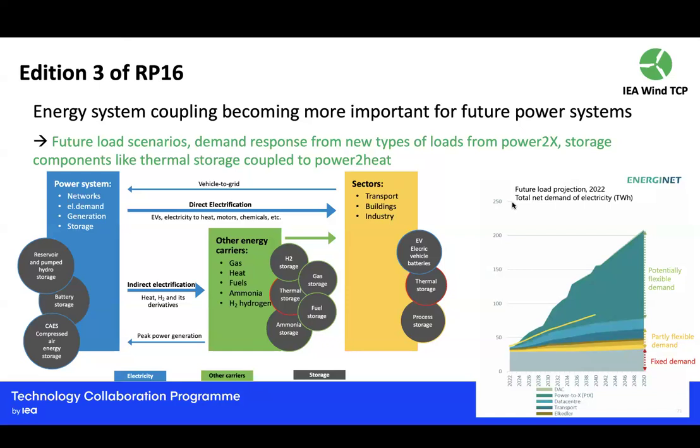And this is an example that I found from Denmark, the system operator Energinet. They have a future load projection that they made 2 years ago, all the way to 2050. And then they have the current fixed demand and partly flexible demand in yellow. And when they start looking at what new demand will come, all this is potentially flexible.